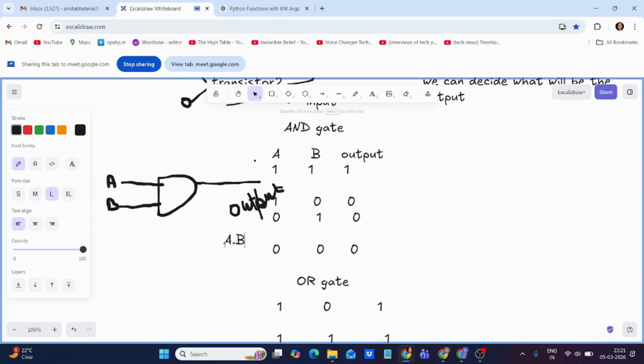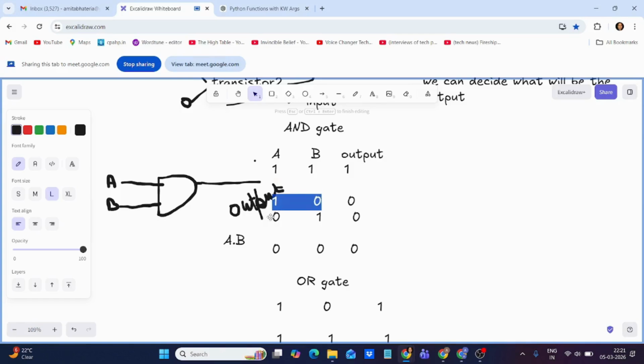So if we apply this formula for every input, the first input value of A is 1, B is 1, so 1 into 1 becomes what? One. And if A is 1, B is 0, so 1 into 0 is what? Zero.